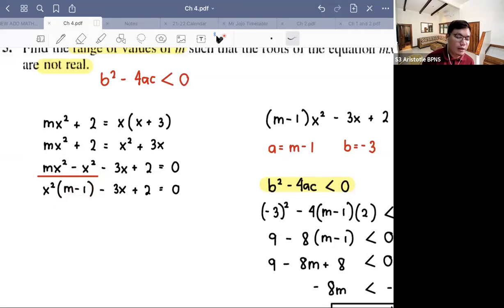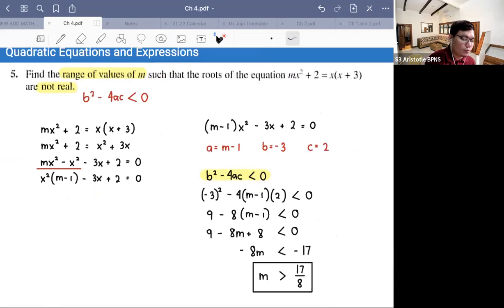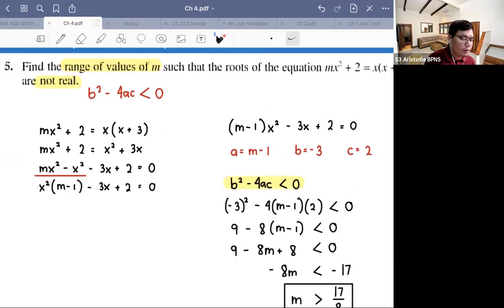Now class, I just want to emphasize this one. You can put m minus 1 in front of x squared. I know that when we factorize this kind of expression, the answers usually come after the common factor, right?